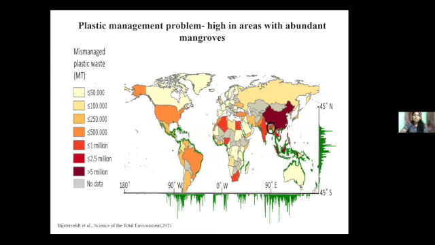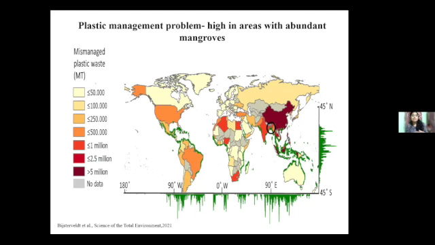So moving on, when we talk about mangroves, the importance of mangrove has been globally acknowledged, in spite of the fact that mangroves continue to decline because of a lot of anthropogenic stresses they are facing. And plastic is one of those stresses that mangroves are facing. This is a global map overlay of mismanaged plastic waste and the global distribution of mangroves across the latitudes and longitudes.